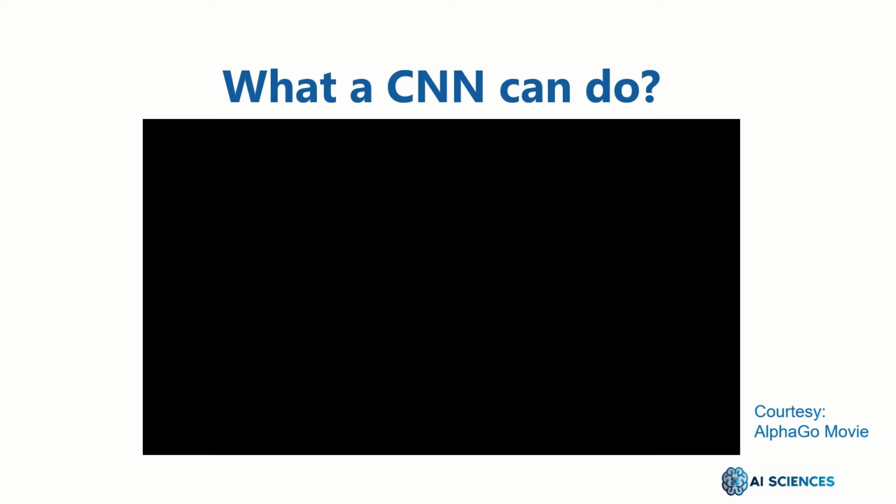Yeah. So AlphaGo is basically the player that actually plays the game Go, and it is basically a reinforcement learning agent. But this agent not only deploys reinforcement learning, the backbone of all this framework is a convolutional neural network.